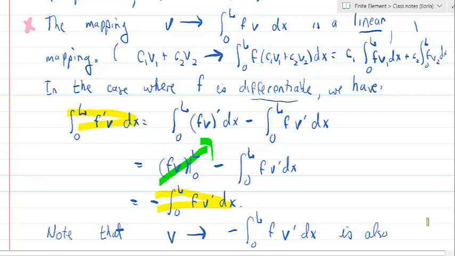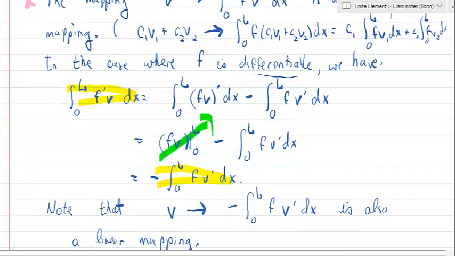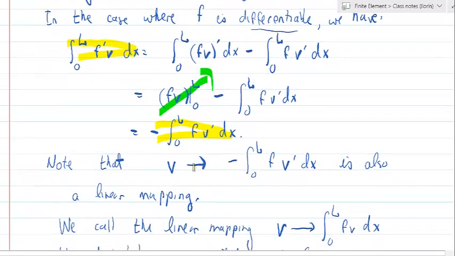Okay. So this is also a linear mapping, which you can verify. If you take c1v1 plus c2v2 and apply this mapping to it, you will get the corresponding linear combination of the mappings of v1 and v2.